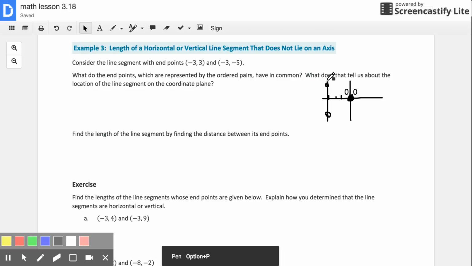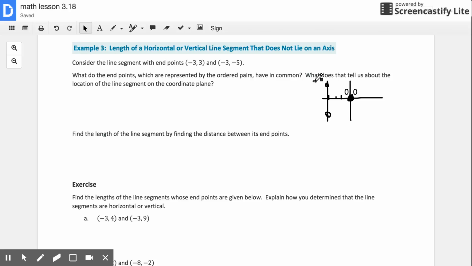So I'm just going to label these: this is 3 up, and this is 5 down, so it's -5.